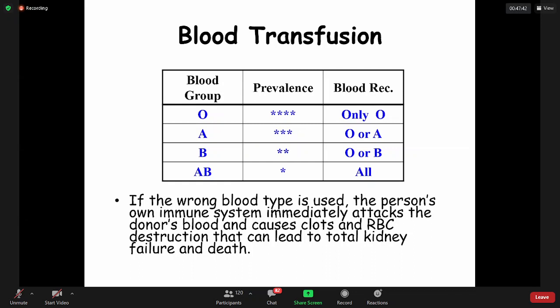If the wrong blood type is used, the person's own immune system immediately attacks the donor's blood and causes clots and red blood cell destruction that can lead to total kidney failure and death. That's very important for us to ensure that we have done good cross-matching. Okay? As you see up there, most people are blood group O, which is good because then they can give to everybody.